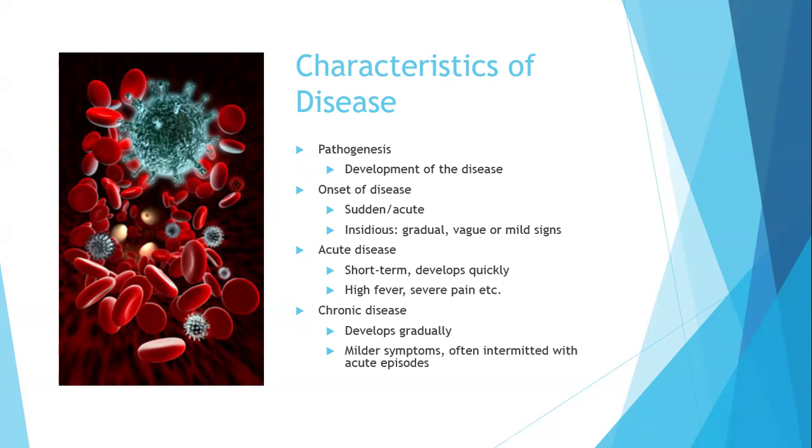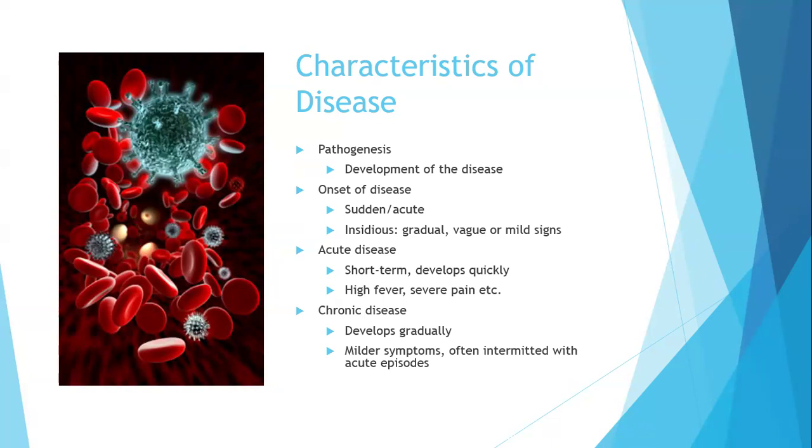The onset of the disease may be sudden and obvious, which is acute, or it may be insidious, gradual, with vague or mild signs over time. So a lot of times diseases with an insidious onset are a little bit harder to detect because you don't notice it. There might be several stages in the development of a single disease.